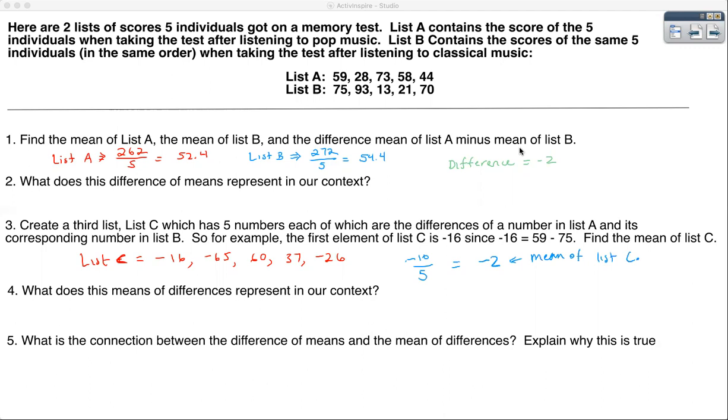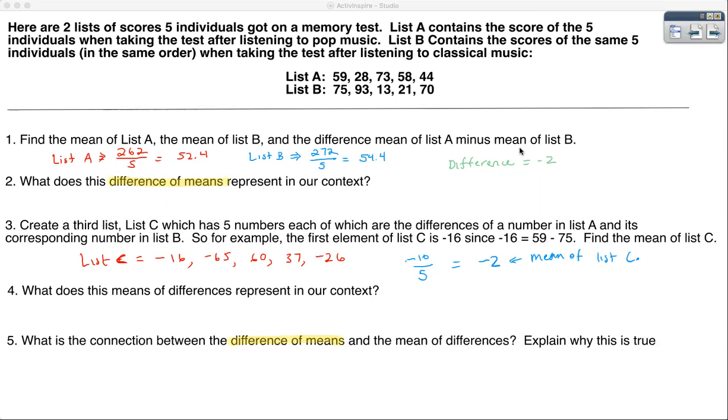So again, think about how we got this mean of differences and how in number 2, we got that difference of means. So what is the connection between the difference of means and the mean of differences? Again, I'm going to highlight it in different colors just so you can see the difference. The difference of means was referring to what we found in question 1.